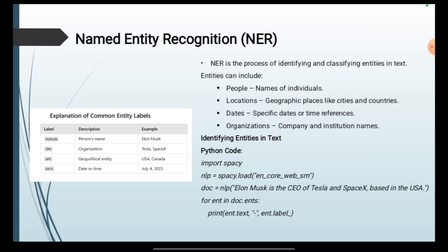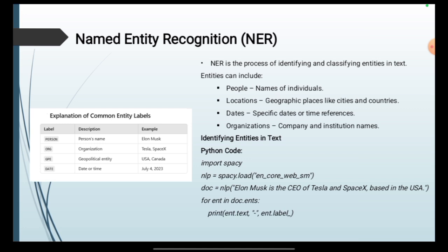Identifying entities in text. Python code. import spacy. nlp = spacy.load("en_core_web_sm"). doc = nlp("Elon Musk is the CEO of Tesla and SpaceX based in the USA."). for ent in doc.ents: print(ent.text, "-", ent.label_).